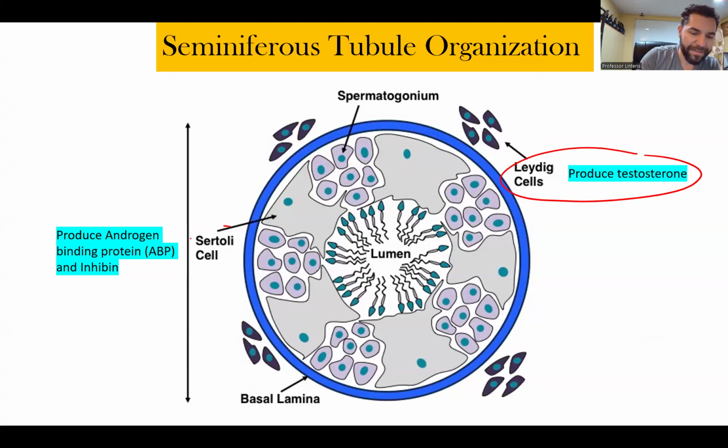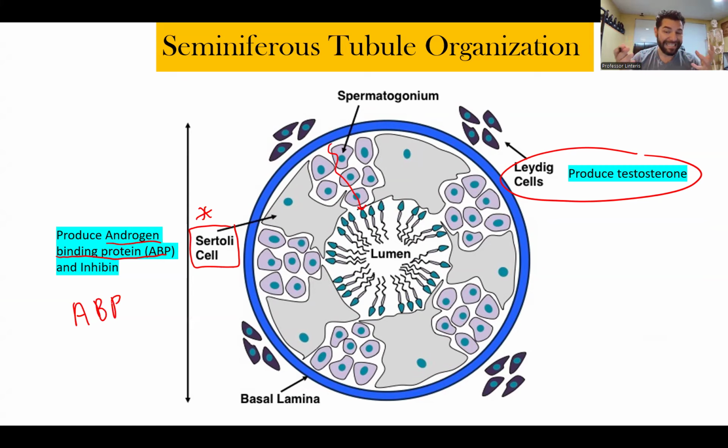And there's another cell inside this region called Sertoli cells. And Sertoli cells are important because they're the nurse cells. They help this whole process of turning into sperm, providing nutrients, producing some chemicals. One thing that they produce is androgen binding protein.